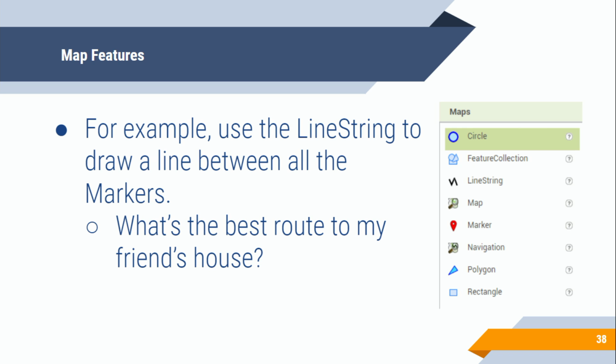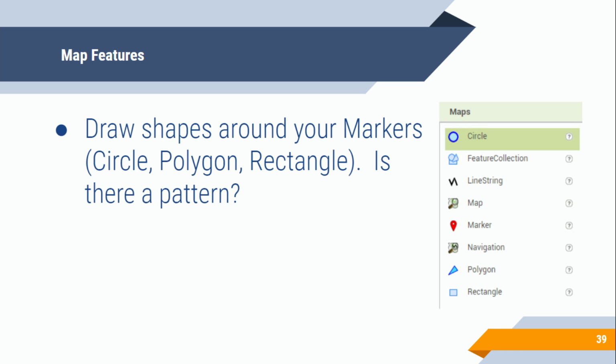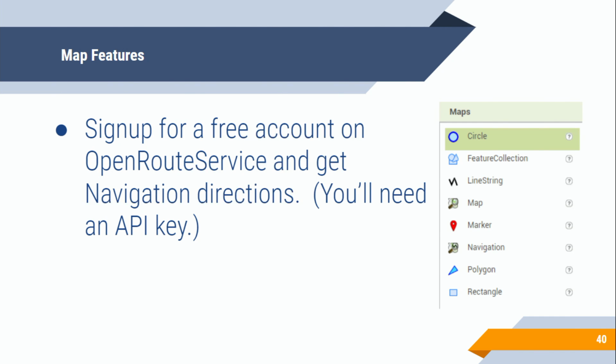And if you know, for example, the best route to get to your friend's house or one of your family members' houses, you could draw that route yourself. You could also draw shapes around your markers. So the Maps feature also has circles, polygons, and rectangles. And by doing that, you might be able to find a pattern. Now, if you wanted directions between two markers, feel free to sign up for a free account with Open Route Service to get navigation directions. You will need an API key for that, and you'll get that through signing up for an account.